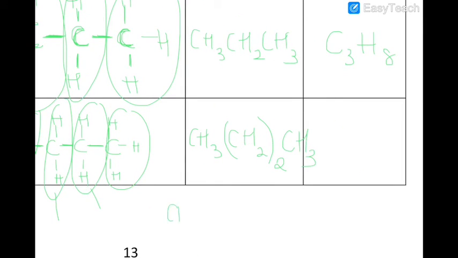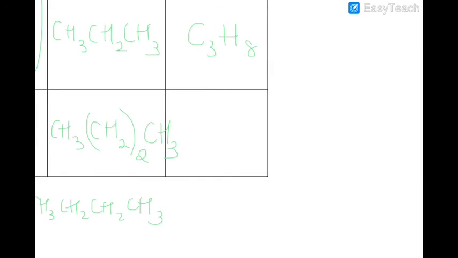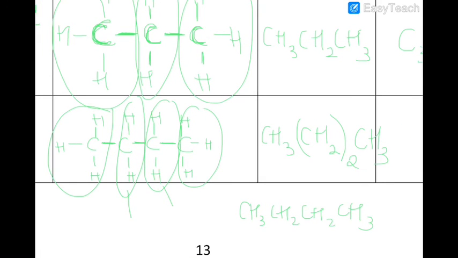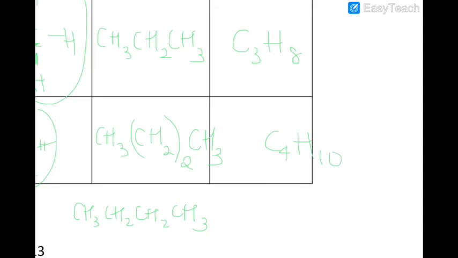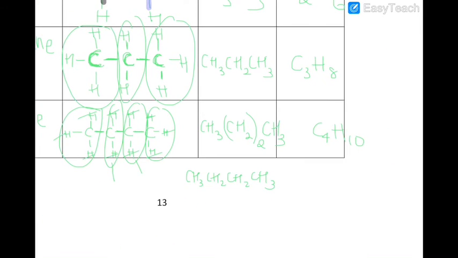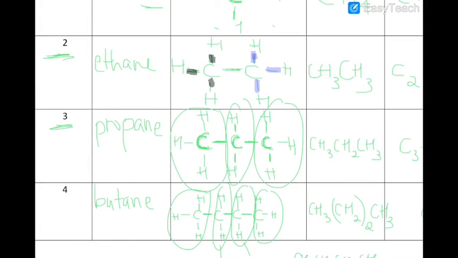You could also write it like this: CH3, CH2, CH2, CH3. That's fine too. It's the same thing. And then the molecular formula: how many carbons do we have? 4 carbons. And if you count, 1, 2, 3, 4, 5, 6, 7, 8, 9, 10 hydrogens. So C4H10.